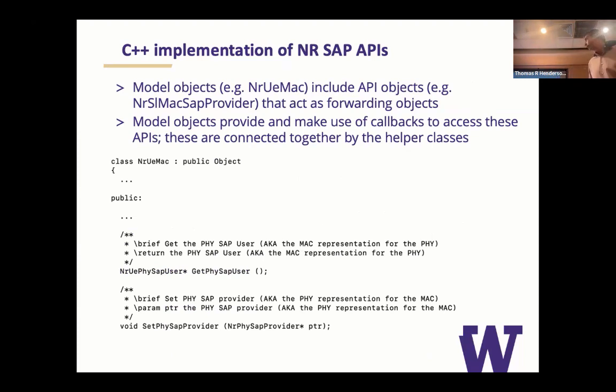So if you look at this snippet of code with the NR UE MAC object, you'll see that there's two methods here, get PHY SAP user, which returns a pointer to an instance of this class, and set PHY SAP provider, which is basically setting the pointer for the physical layer, so that whenever it needs to consult the physical layer, it will go through this PHY SAP provider pointer.